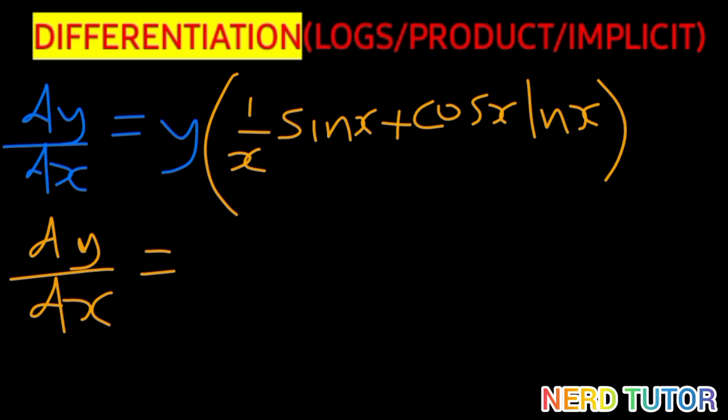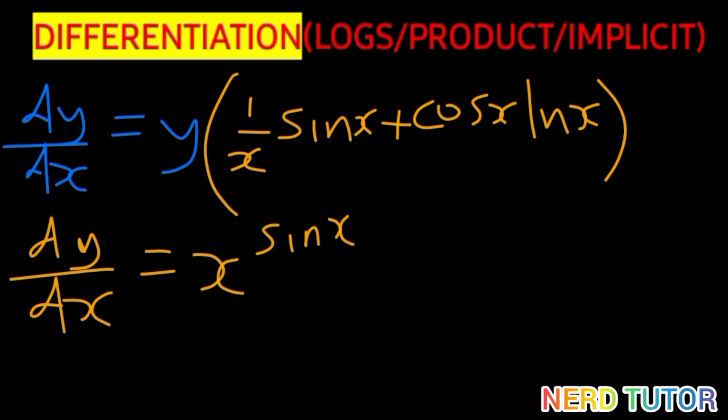We said y is equal to the given function. So where there is y, we can now put back the function which was there, which is x to the power sine x. So this is the value of y.